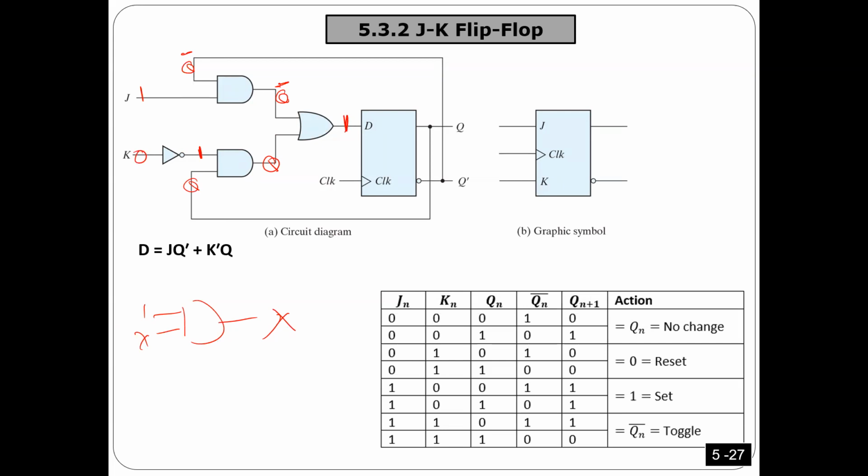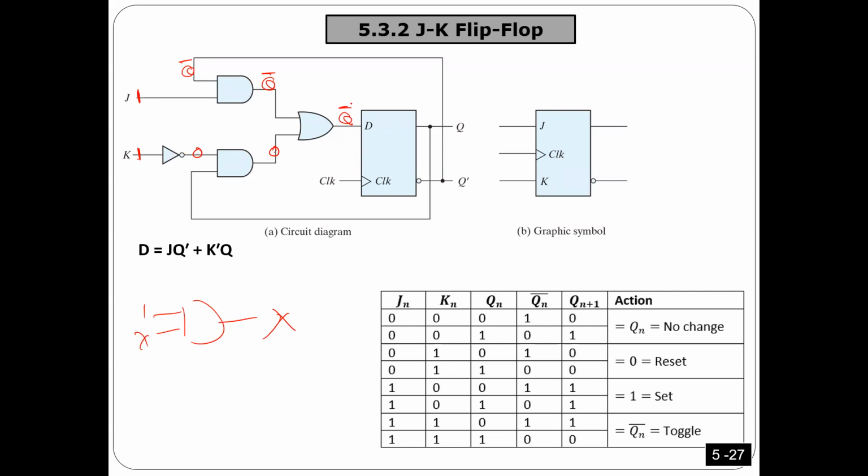The last thing, just give me 1 second. If you have 1, 1, it should be toggle. Let's see how it's going to toggle. We have 1 and 1. If you have 1 here and this is Q prime, I'm going to have Q prime here. And here you're going to have 0, so 0 comes here. So 0 OR Q prime, I'm going to have Q prime here.